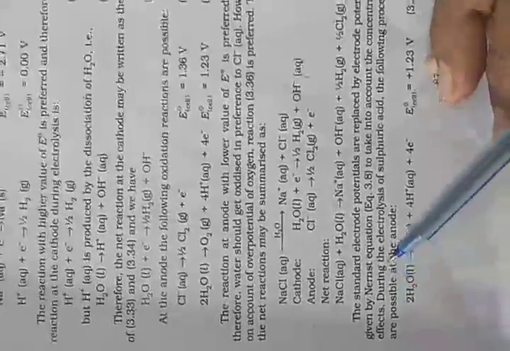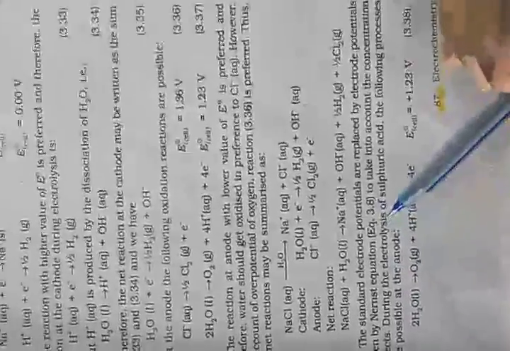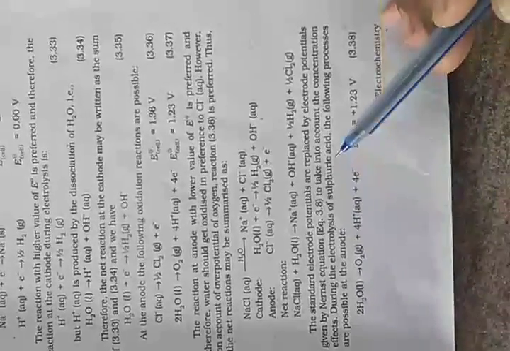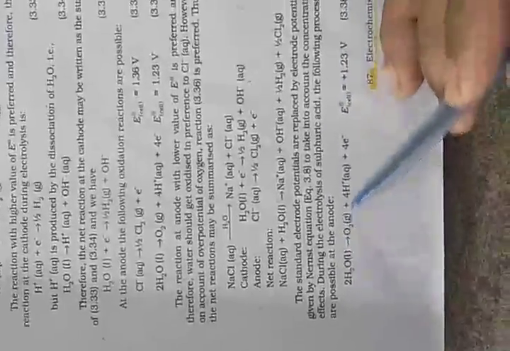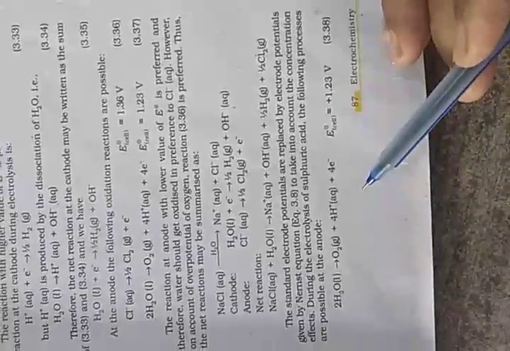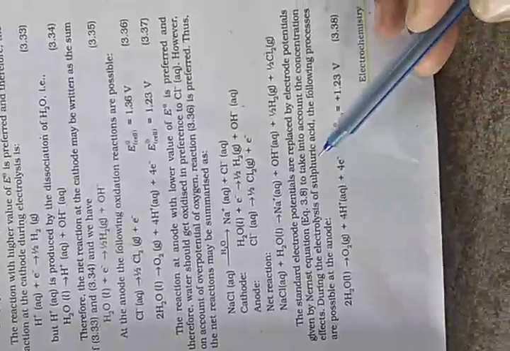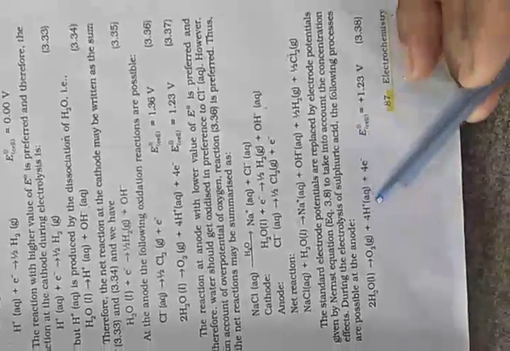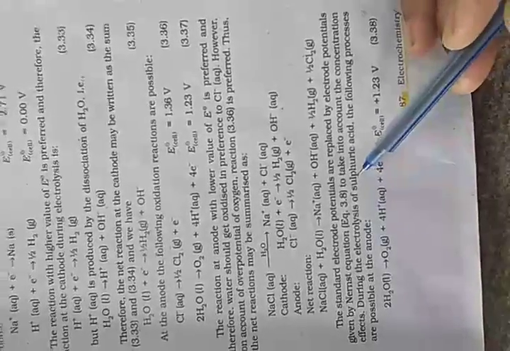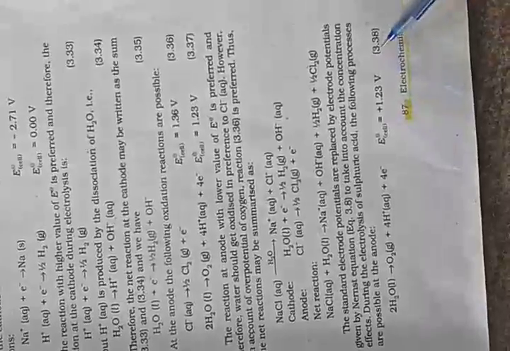Now the standard electrode potentials are replaced by the electrode potential given by the Nernst equation. I already taught you the Nernst equation, to take into account the concentration effects. During the electrolysis of sulfuric acid, the following processes are possible. H2O at the anode, with H+ because it is an acid, and the Ecell is given by equation 3.38. Then SO4 2- gives H2S2O8 plus 2 electrons, with this potential.